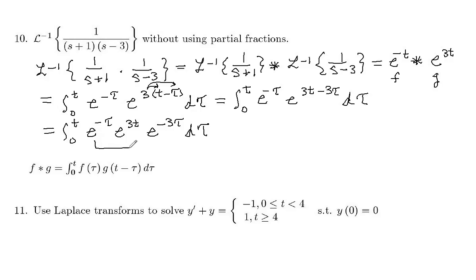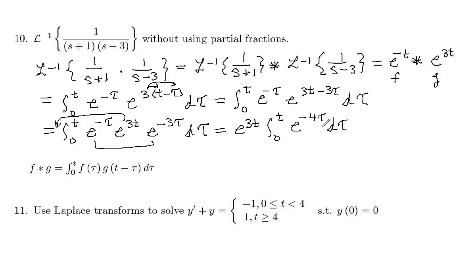So these here we can multiply together and add exponents, and then e to the 3t is independent of tau, so it can be pulled out of the integral. So e to the 3t goes out in front, and now we have the integral from 0 to t. Multiply these and you'll get e to the negative 4 tau by adding the exponents, d tau.